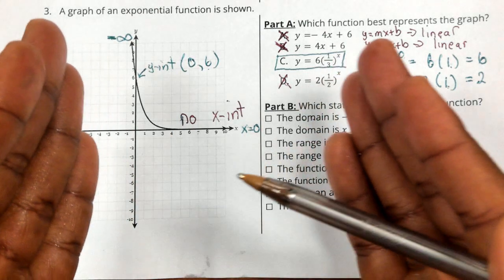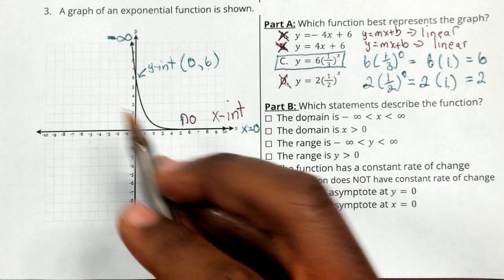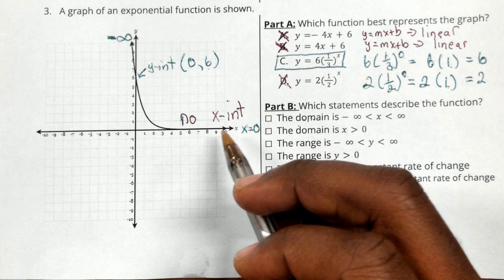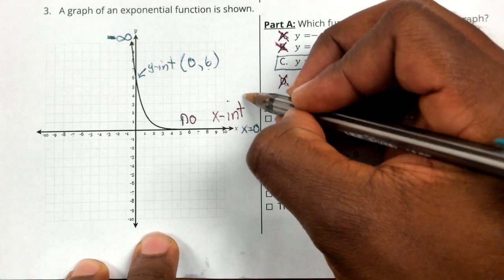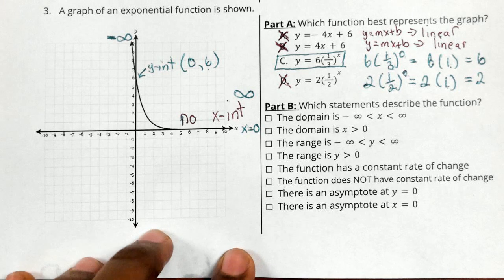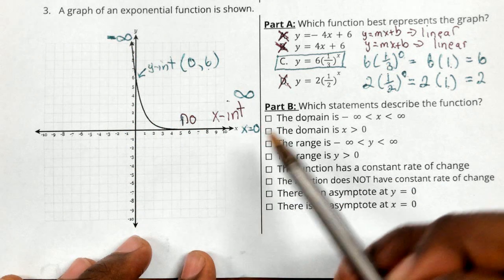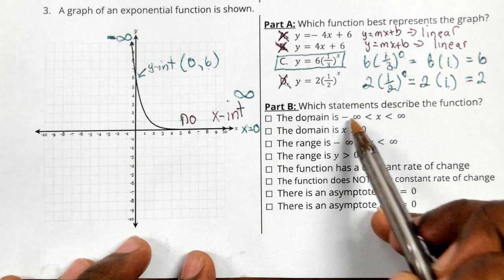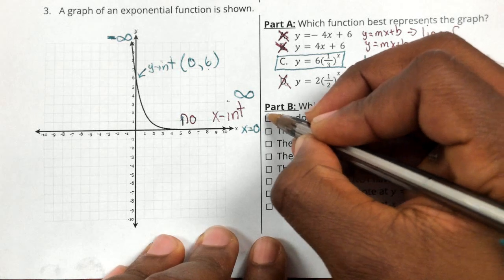Following the graph to the right, I see an arrow going on forever, so it goes to positive infinity. So the domain is x from negative infinity to positive infinity, because if my graph expanded more and more, it would go on forever.